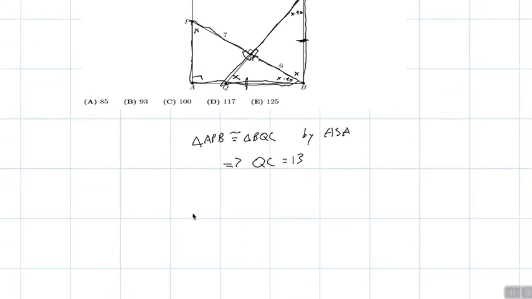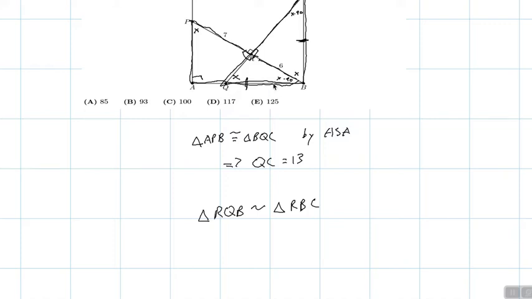We can then go further, and if we look at triangle RQB, this smaller triangle, and then RBC, they're similar because they share all the same angles.